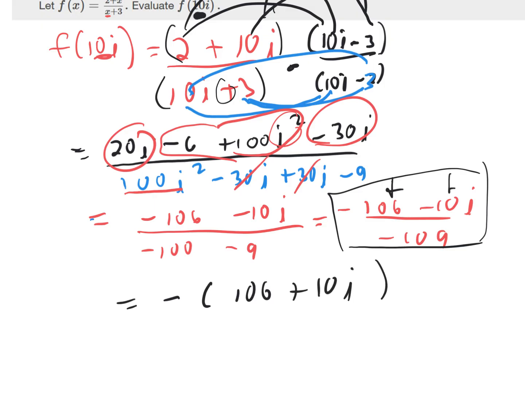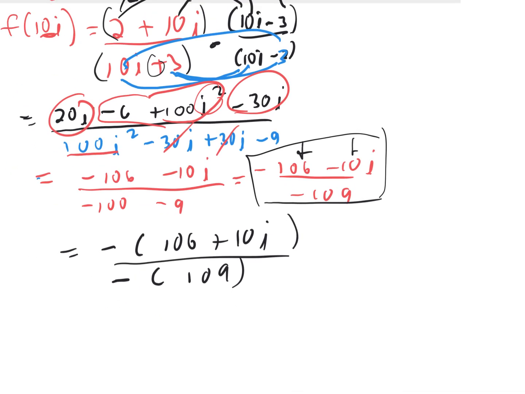Why am I thinking that? Because the bottom has a negative also, at 109. So the negatives technically cancel out. When you see everything with a negative answer, I could see that they would pull that out. Equals a positive 106 plus 10i, all of it divided by 109.